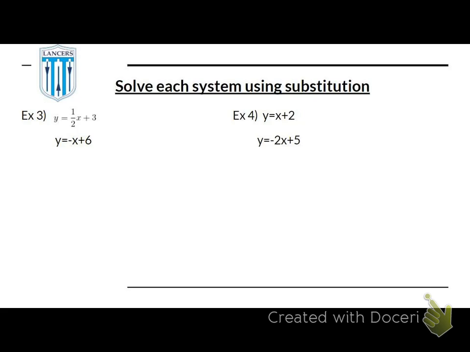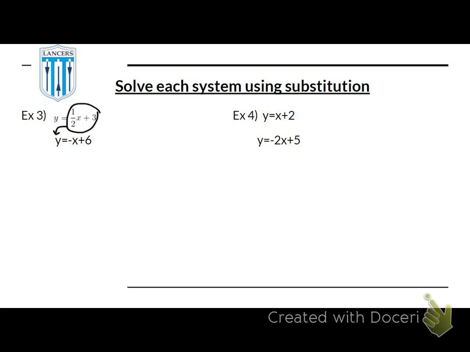What that means is that we can take this 1/2 x plus 3 and plug it straight into the y of the other equation. We don't need any parentheses because there's nothing getting multiplied to this y out here.